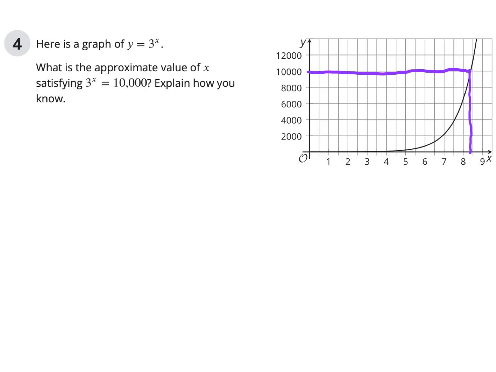Since it's so close to 8.5, remember there are 2 jumps to get to a number, so that's half. It's probably close to a half, so I'm going to say x is about 8.4.